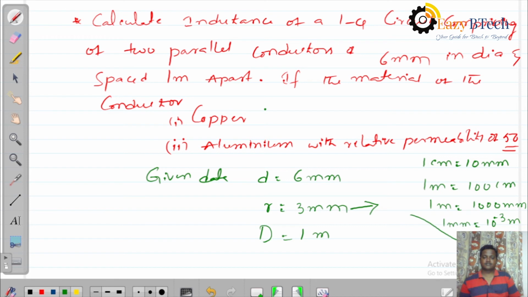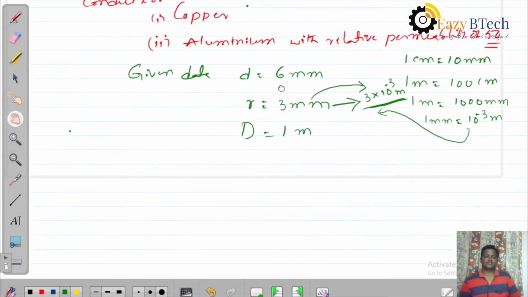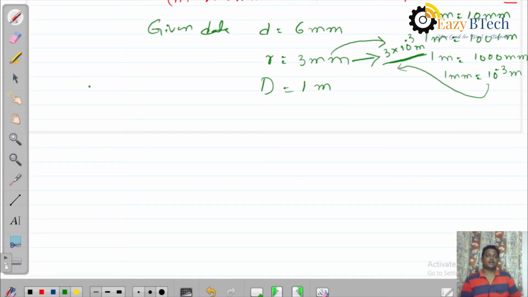Use this here. How much do you get? It is 3 into 10 power minus 3 meters. Change this mm to meters. Now we can calculate the inductance of the first, copper conductor.